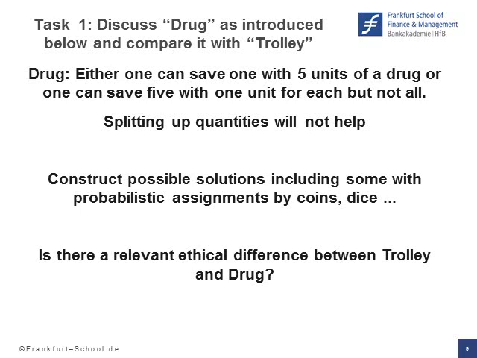Give the drug to nobody, give the drug to the 5, or give the drug to 1. The other alternatives don't make sense, at least it seems so. If you don't give the drug to anybody, you treat them all equally. Now think about lotteries that might treat them equally as well and the possible arguments.